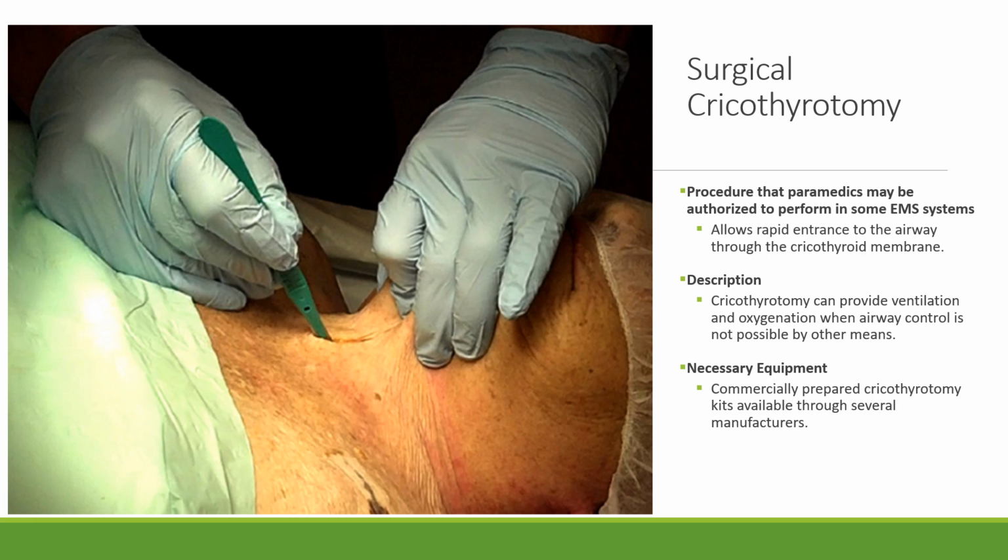It's fine. With the new quick trachs, it's not as big of a difference anymore. But you go over to Arizona, parts of California, but almost all of Arizona, surgical crikes are what people use because it is a better airway.